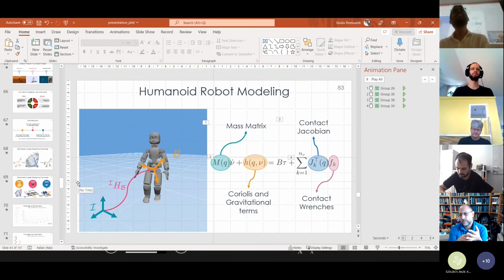Actually, a compliant environment can be seen as a sort of flexible link, because we can imagine the sole of the robot extended to part of the environment. And so in the end, it would be possible to merge the two ideas together and design a controller for flexibility in general, also exploiting this consideration. Thank you.